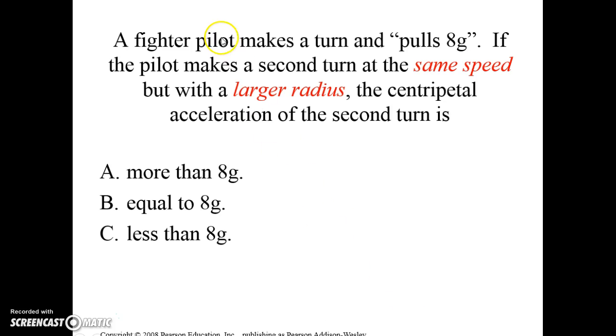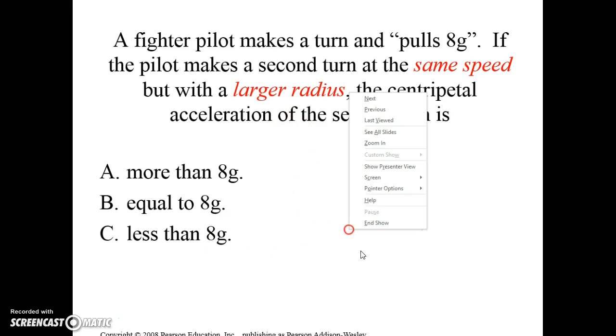Knowing we've got v squared over r, a fighter pilot makes a turn and pulls 8g. This just means that it's 8 times gravity, so 8 times stronger than gravity. If a pilot makes a second turn at the same speed but with a larger radius, what do you know about the centripetal acceleration?